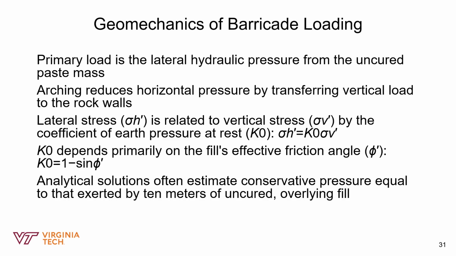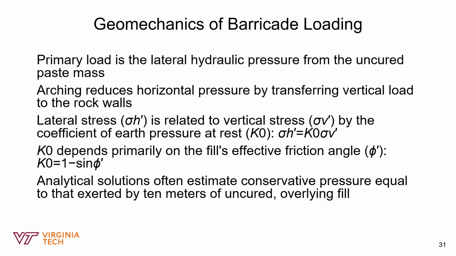To quantify this, we use the equation in the middle, which is sigma h prime equals K naught times sigma v prime. Sigma v prime is the vertical weight of the fill. Sigma h prime is the horizontal push against the barricade. And K naught is the coefficient of earth pressure.